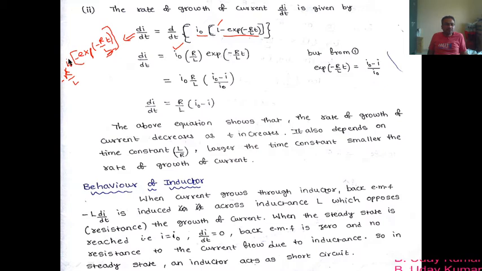What terms will be left here? I0 R by L, and in brackets we have exponential minus R by L into t. Can you see this? On simplifying, I get I0 R by L as it is, and this exponential minus R by L into t I can write as I0 minus I by I0.